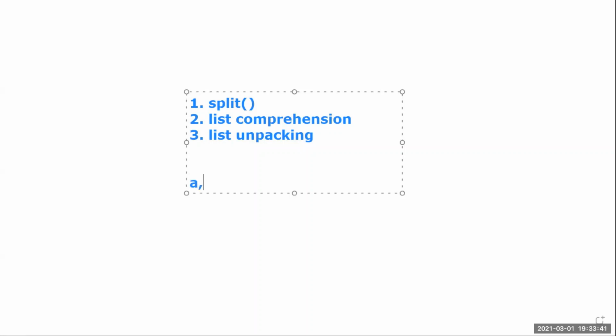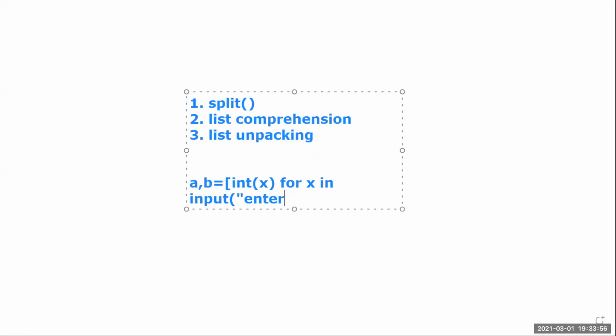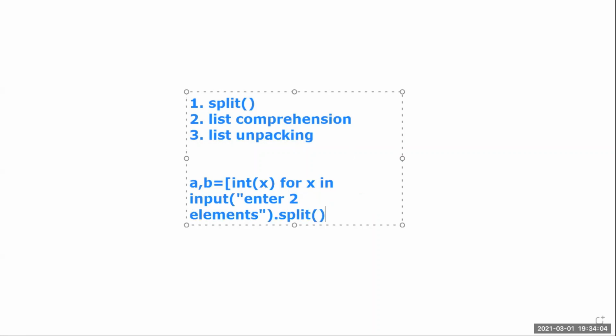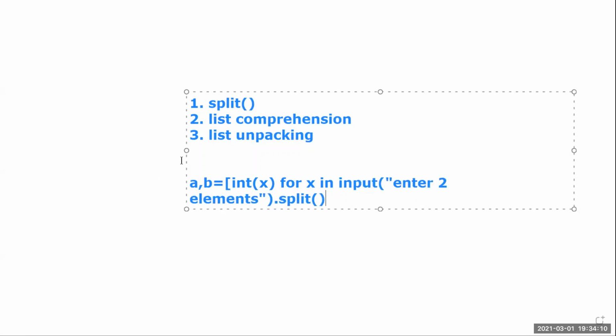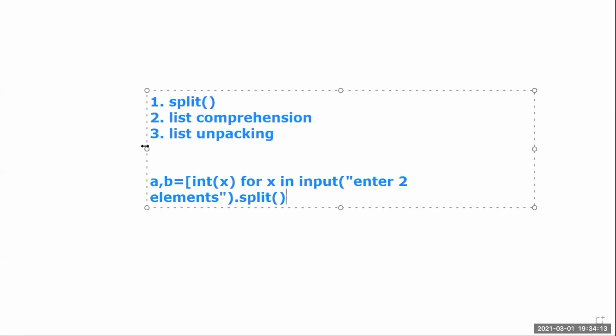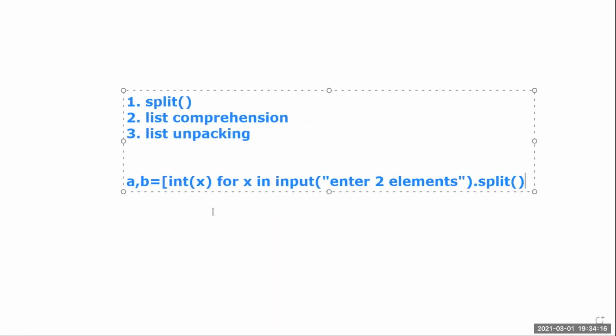See here: a comma b equals int of x for each x in input of "enter two elements" dot split. So this is the syntax to read multiple input values in a single line.